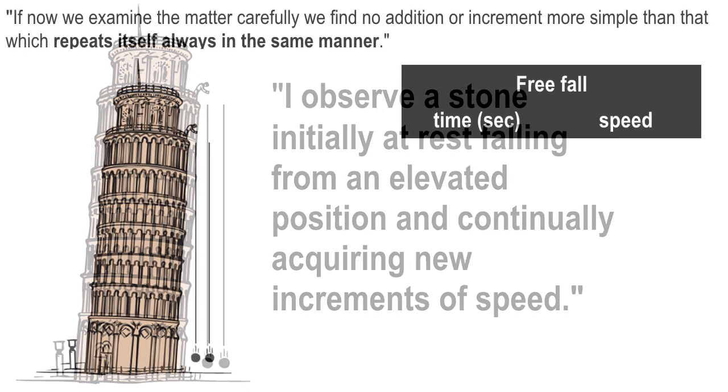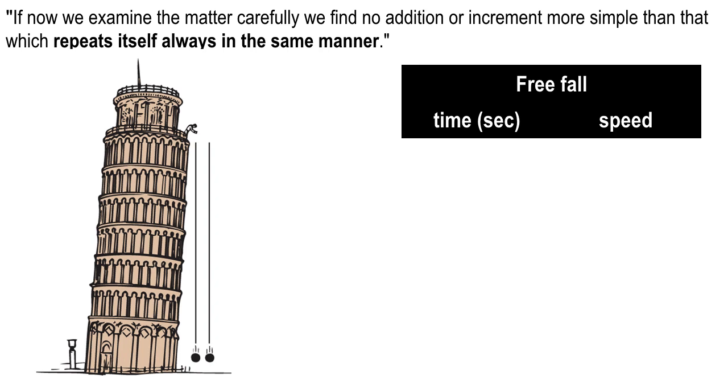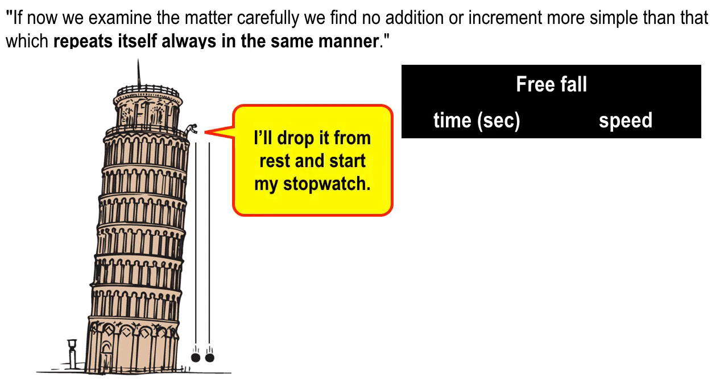And that is another part of this quote. If now we examine the matter carefully, in other words, make careful measurements and observations, we find no addition or increment more simple than that which repeats itself always in the same manner. So what that means in free fall is this. He'll drop it from rest and start a stopwatch.